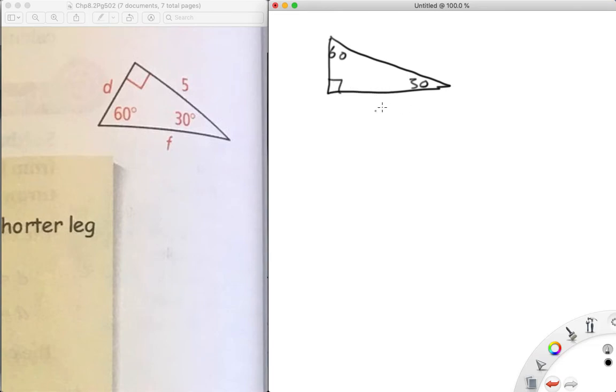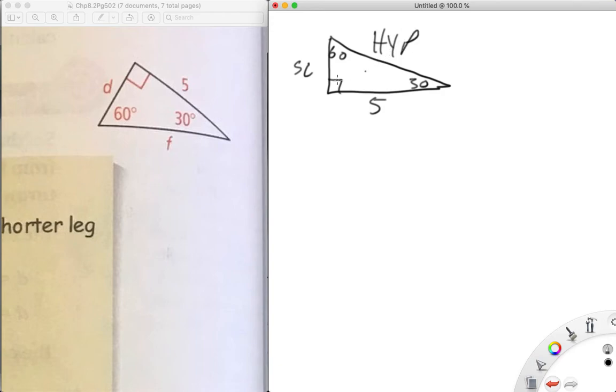We have that our long leg is 5, and I know why it's a long leg because here's opposite of 60 degrees. So our long leg is 5. This would be my short leg. This would be my hypotenuse.